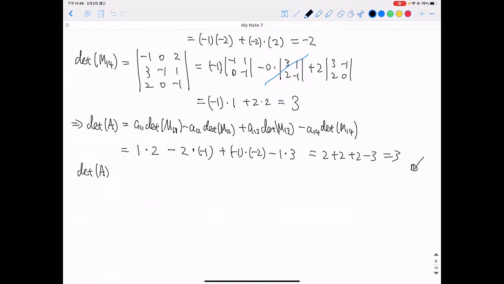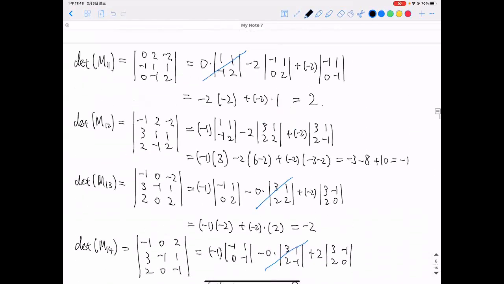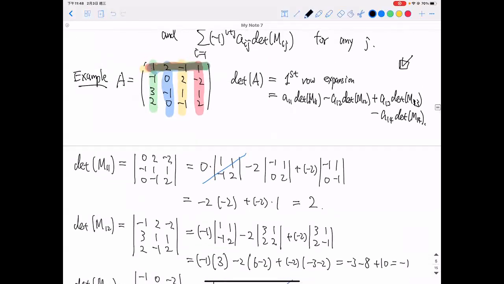Now, as far as examples go, let's look at the determinant again using expansion along a different column or a different row. Here we're going to try to compute the determinant using the expansion along the second column. The reason for that is you see the second column has 2 zero entries.